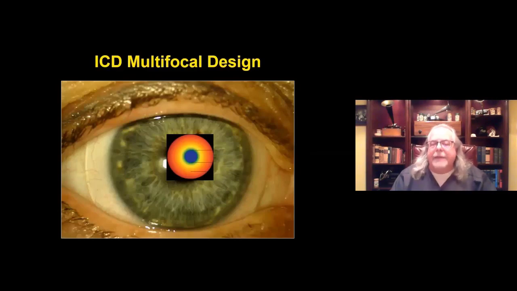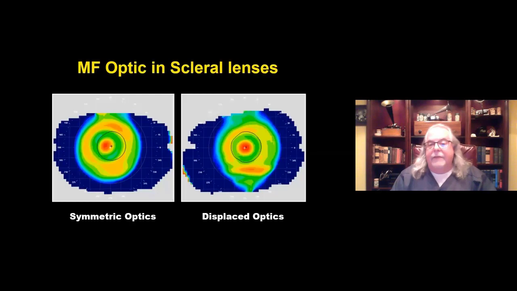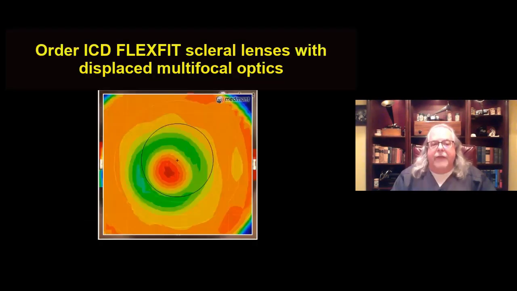The ability to decenter these optics and place them over the line of sight. Here we see a symmetrical optic, and here we see the same eye with the displaced optic. You can see a significant difference in the quality of the multifocal optic that you're going to see.